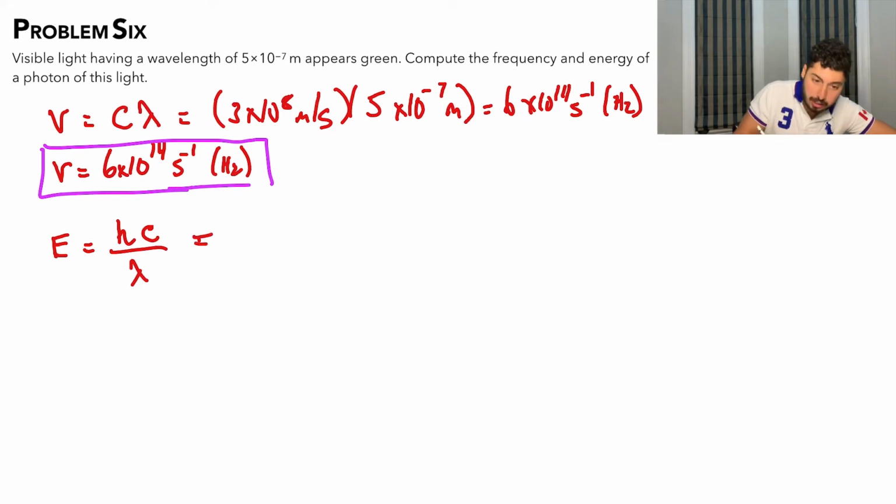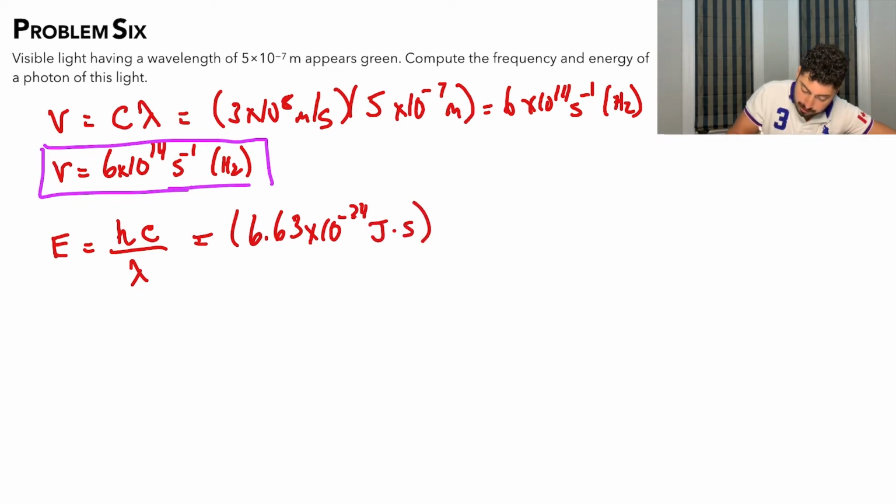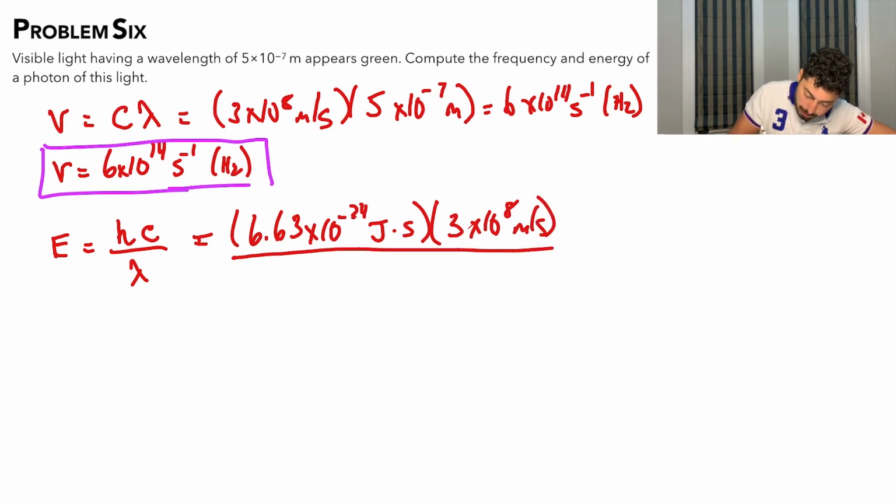So substituting our values again gives h, which is 6.63 times 10 to the minus 34 joule seconds, times the speed of light, which is 3 times 10 to the 8 meters per second, and that's all divided by lambda, which is 5 times 10 to the minus 7 meters.